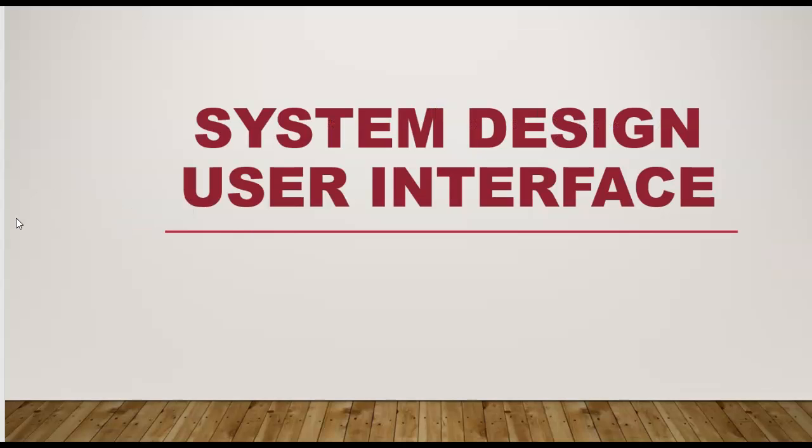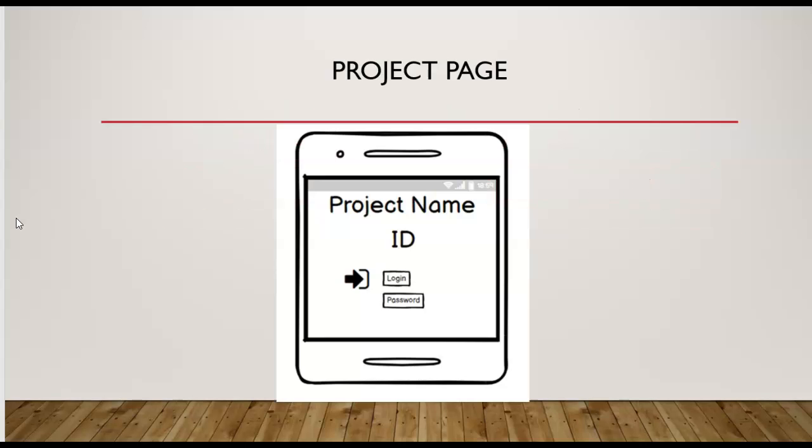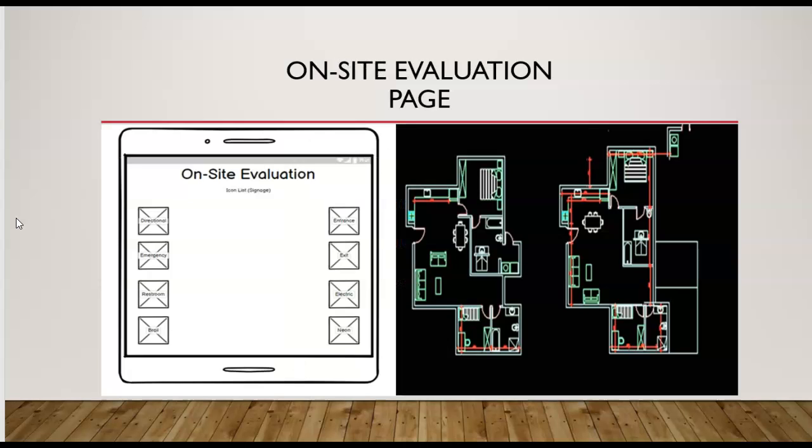System design user interface. Here we're just showing the initial project page, as mentioned, where we have the login and the password for any employee to go ahead and access the specific project. Following this, we're going to have the on-site evaluation page, which is basically for the crew lead.